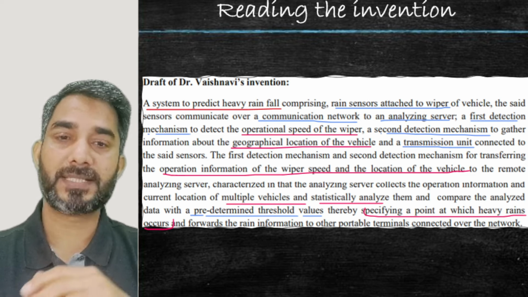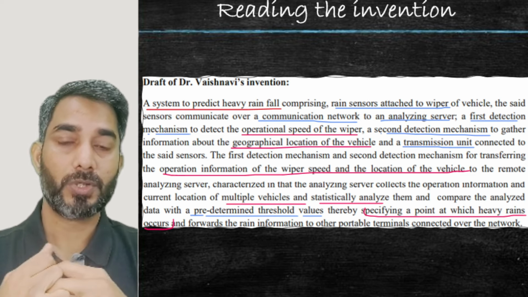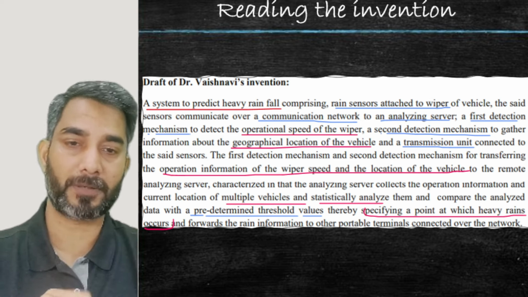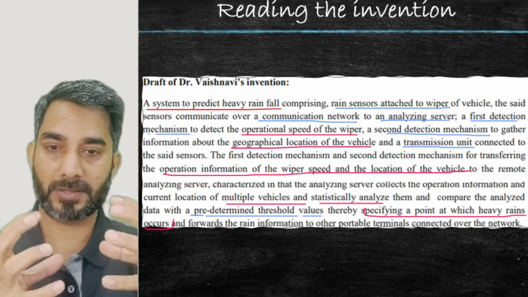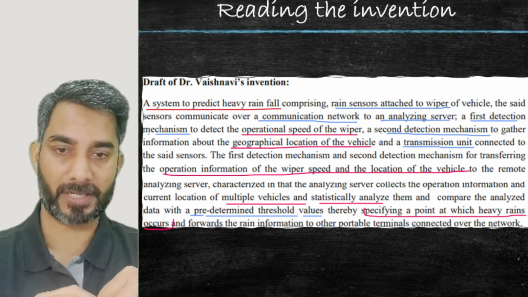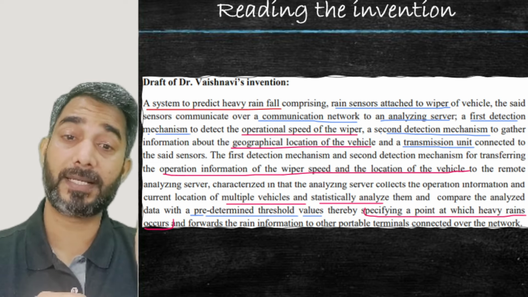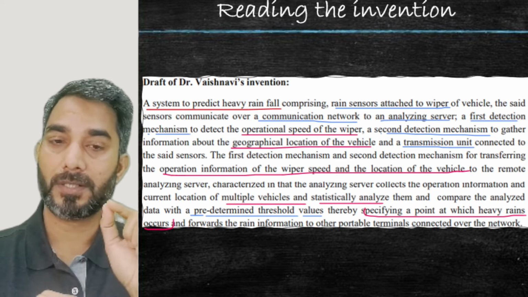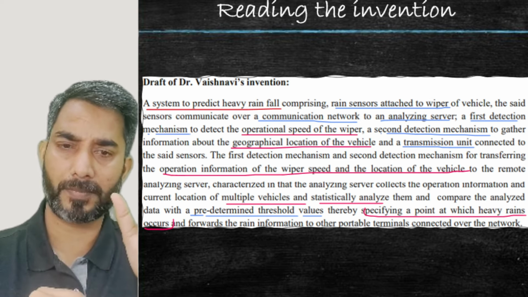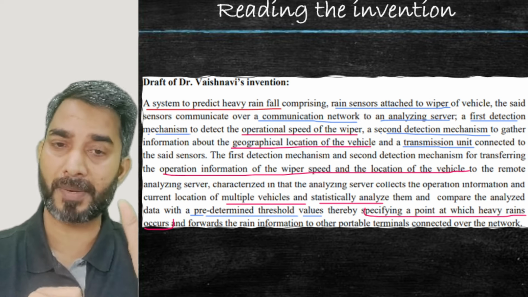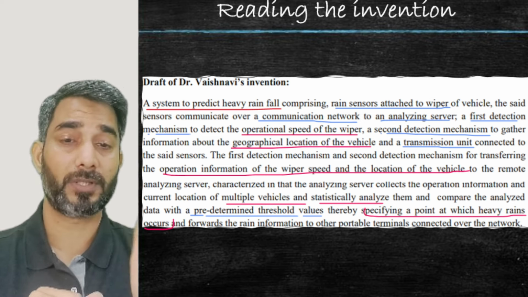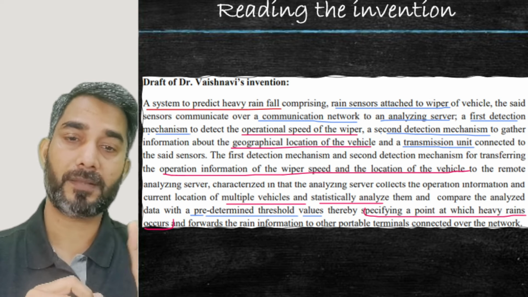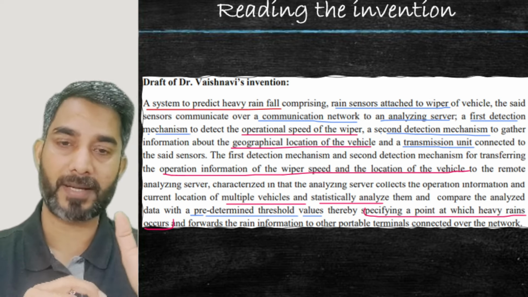Now, what does this analyzing server do? This analyzing server actually collects such information from multiple vehicles. And once the information is acquired from multiple vehicles, it statistically, they have specifically written statistically, they have not written just analyze. So whichever extra term is there, whichever extra implementation detail is there, we should underline that. So statistically analyze and compare the data with a predetermined threshold value.